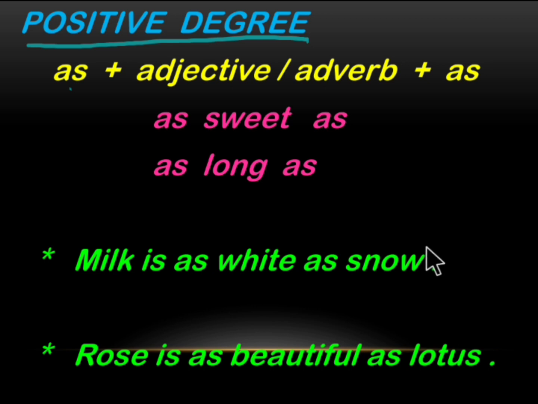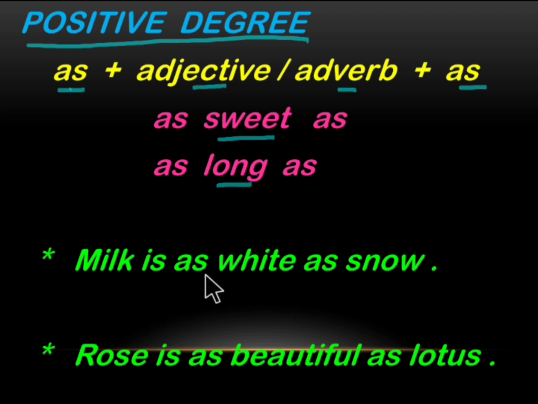If the sentence is positive, we use as plus either an adjective or an adverb plus as. So it goes like as sweet as. Sweet is an adjective. So as sweet as, as long as. Again, this long is an adjective. So as long as. Let us see how we use this in a sentence.